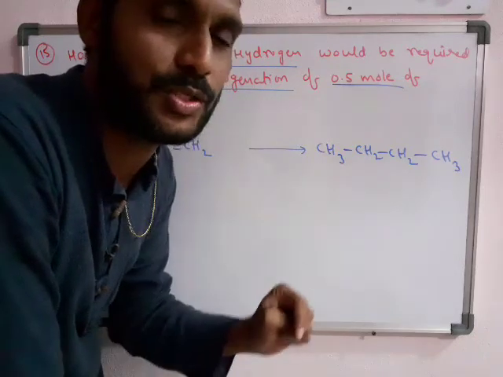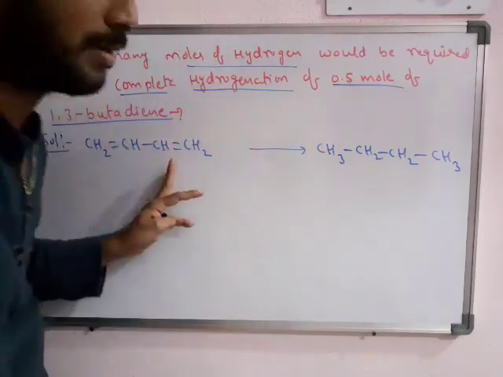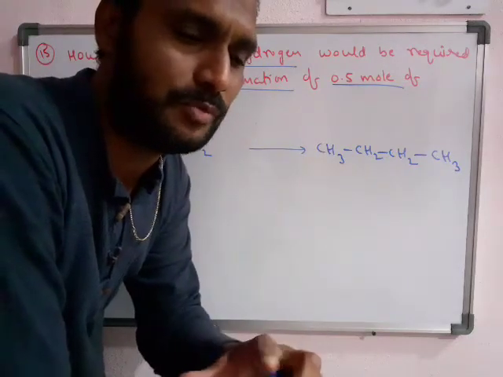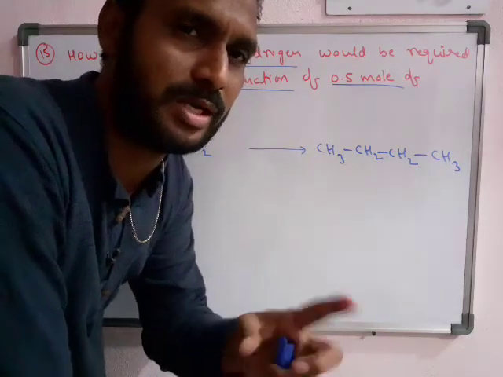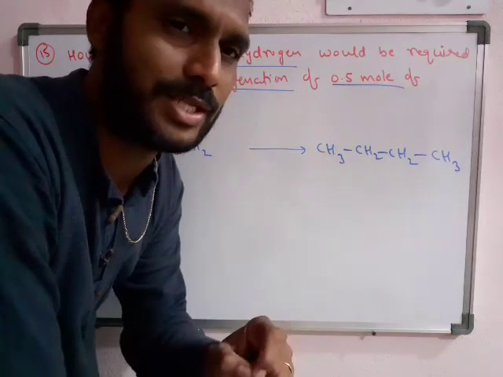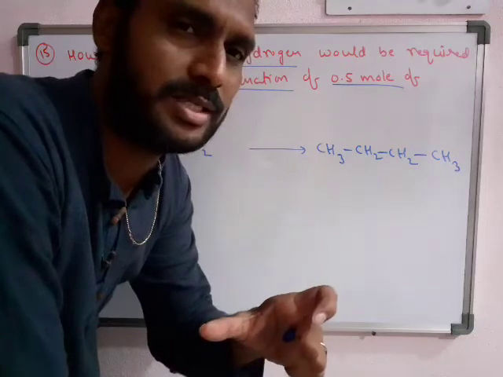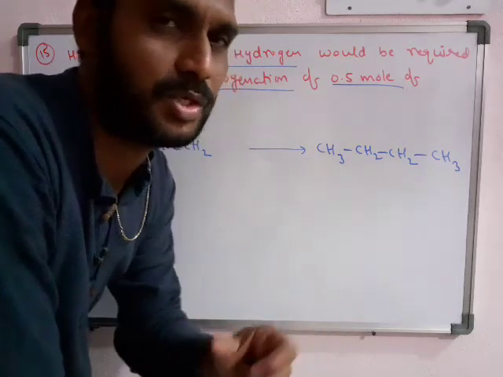In the double bond there is one sigma bond and one pi bond. In the saturated compound only single bonds are present between the carbon atoms.